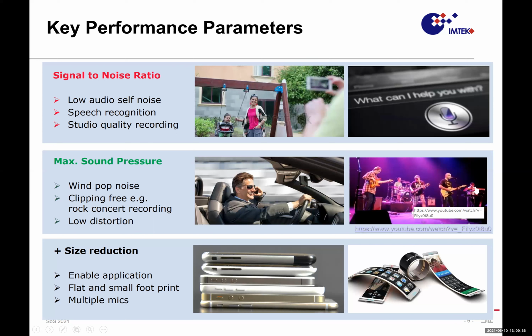Basically, this again goes into the dynamic range of your system. And you want to have low distortion at high sound pressure level. That means the transfer of signals should be clean and clear and a nice audio experience. And all this is under the constraints of size.